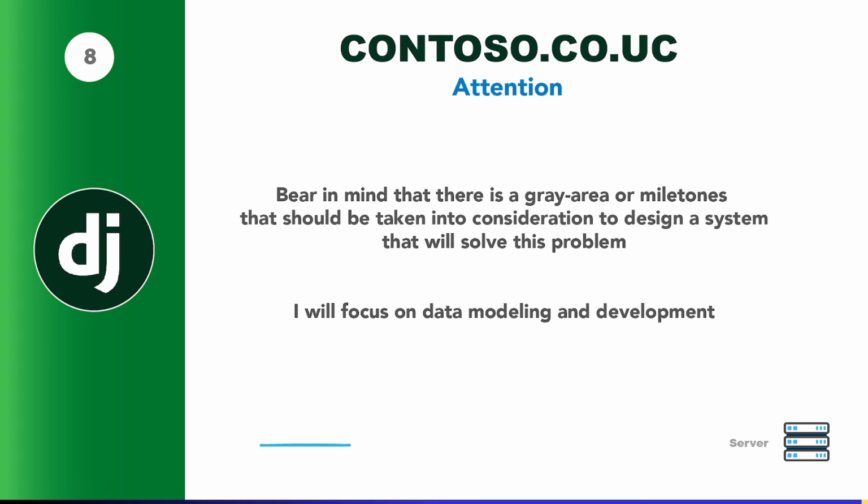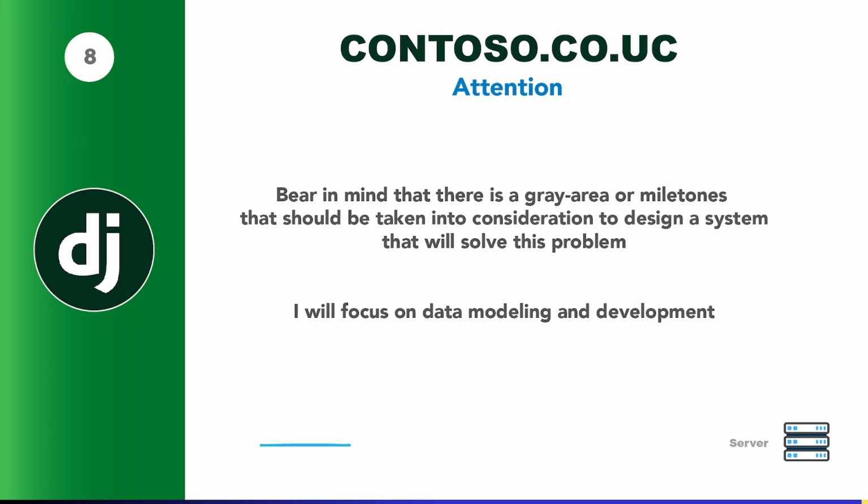I'm going to define the scope of this demonstration of this video. We need to bear in mind that there are gray areas or different milestones that should be taken into consideration to design a system that will solve this problem. By milestones, I'm referring to different milestones that might be applicable while designing a system. We have the network part, we have the data analysis and reviewing different departments.